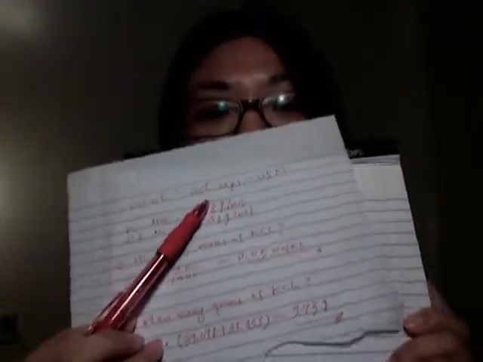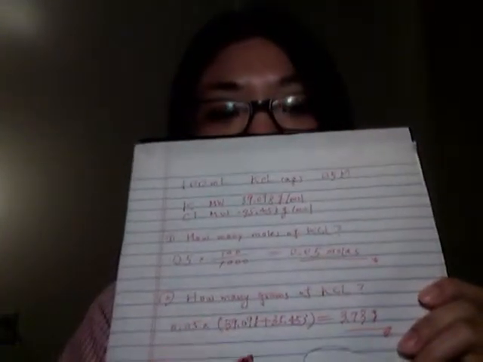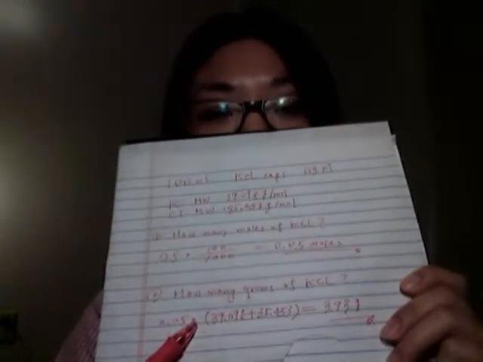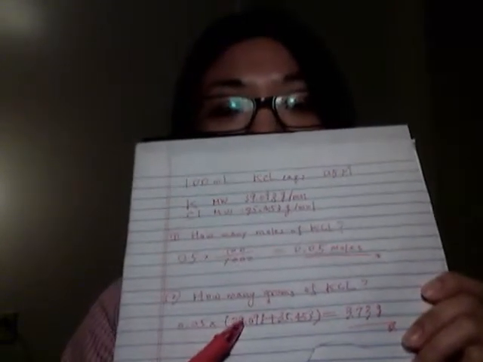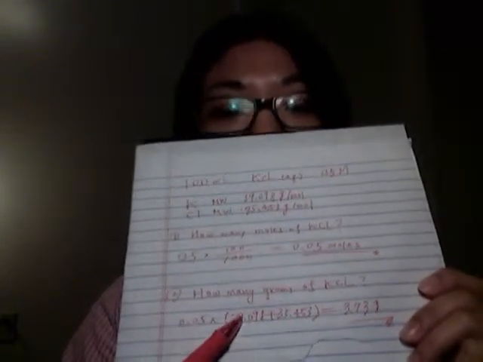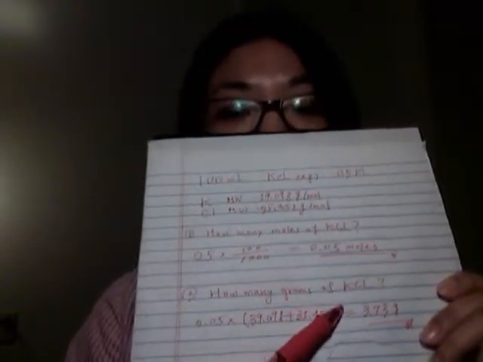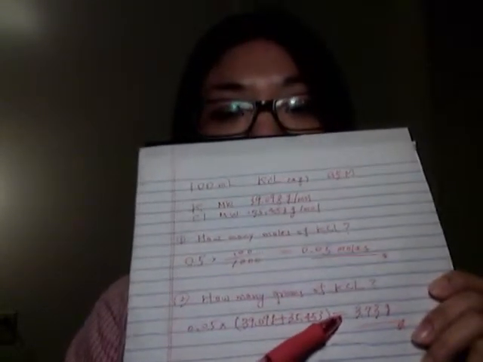So then the next step is how many grams of the potassium chloride we need to add into water. Okay, so 0.05 moles times the molar mass of potassium chloride, which is 39 plus 35, is equal to 3.73.